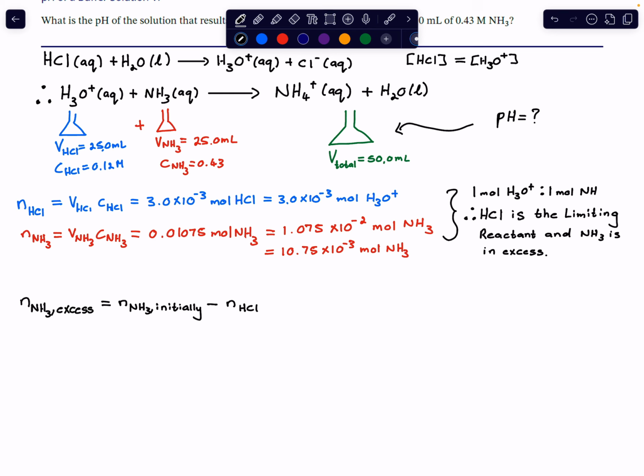So how much ever HCl reacted will be the amount of NH3 consumed. And then I get a value here of 7.75 times 10 to the negative 3 mole NH3 left after reaction.